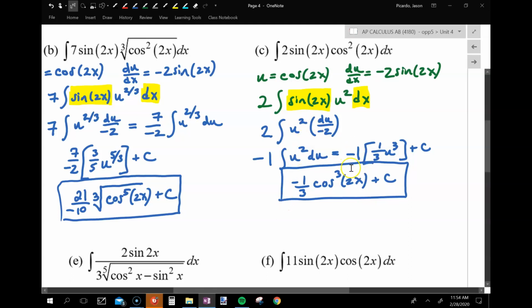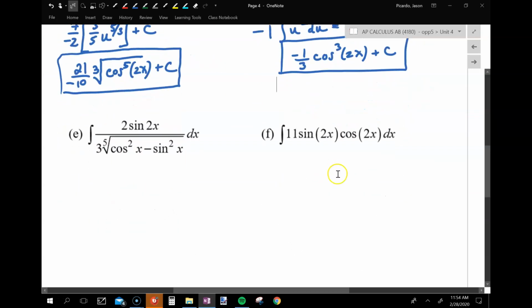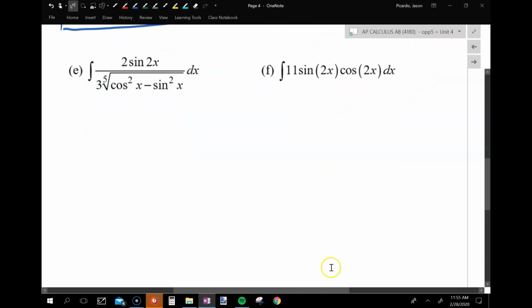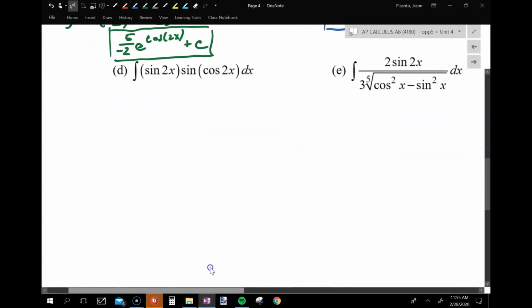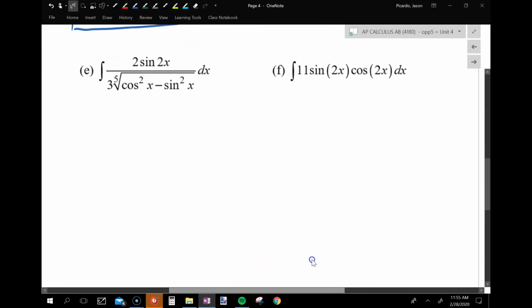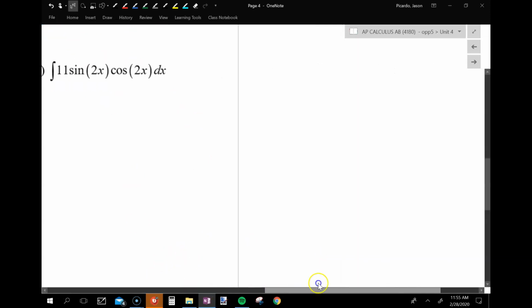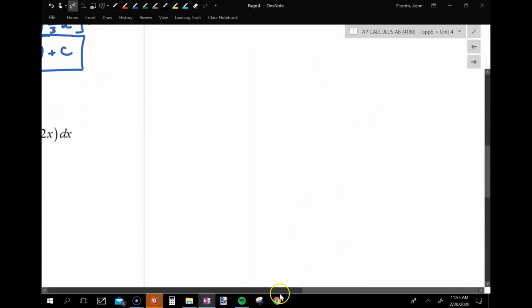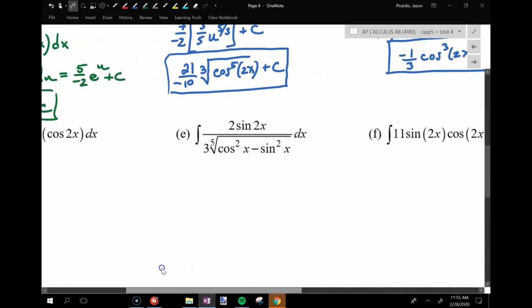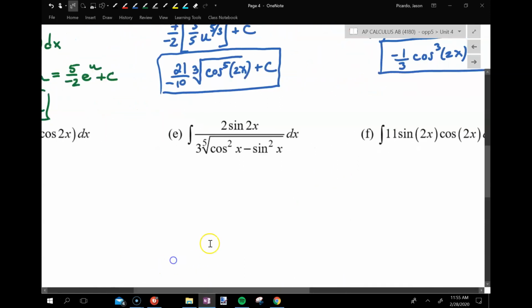A lot of things got to go right for this to work. Are we recognizing that? These are usually set up for us to work kind of nicely. Yeah, we'll have some strategies for that. Why don't you guys take a few minutes? I want you to try E. I want you to try D and F, and this right here, guys, cosine squared of x minus sine squared of x.